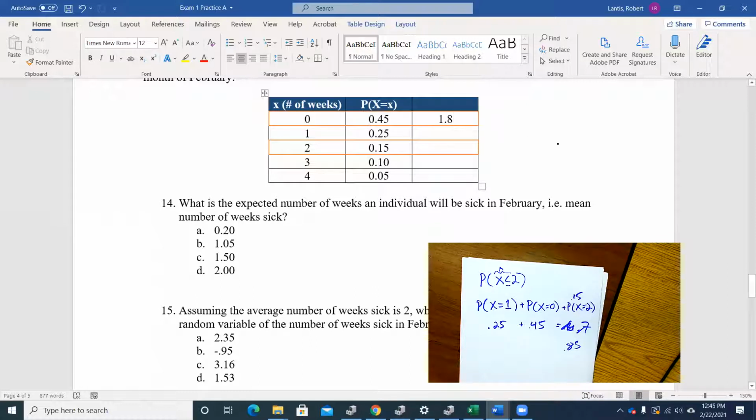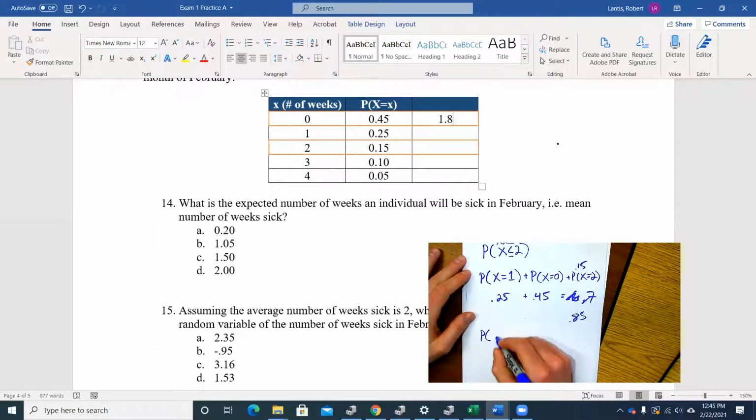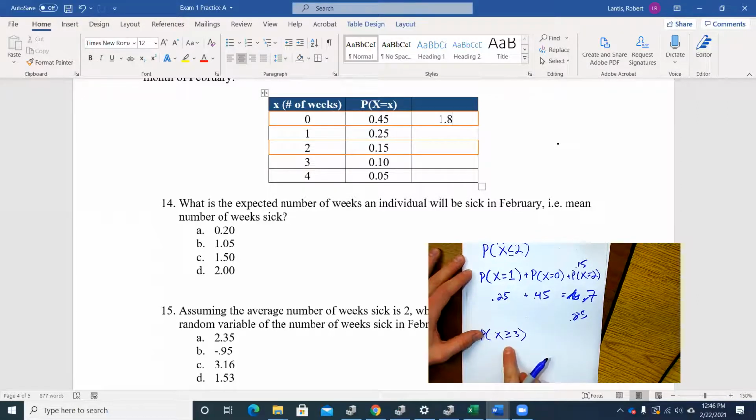What if I wanted the probability that someone is sick for 3 weeks or more, right? So the probability that someone is sick for 3 weeks or more, what are the possible outcomes that fit this criteria? I put greater than or equal to 3, not less than or equal to 3.